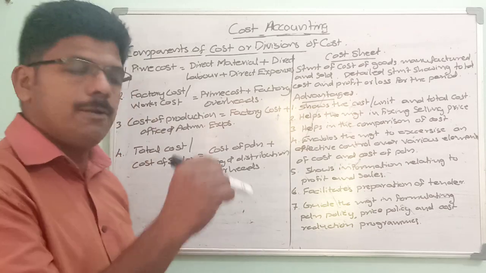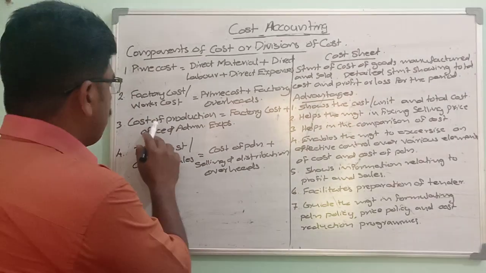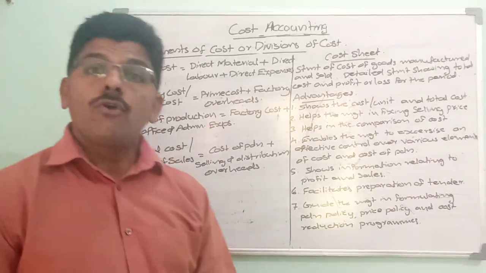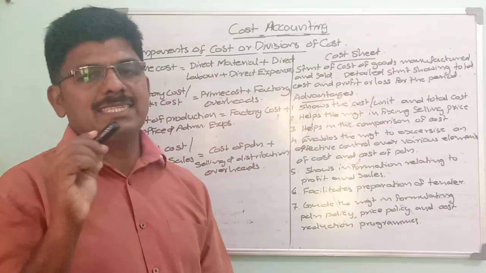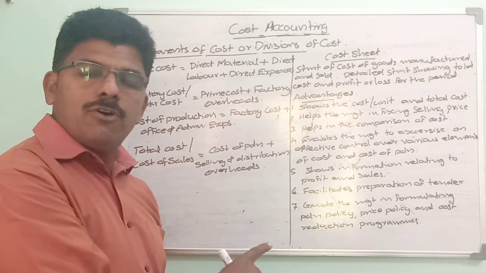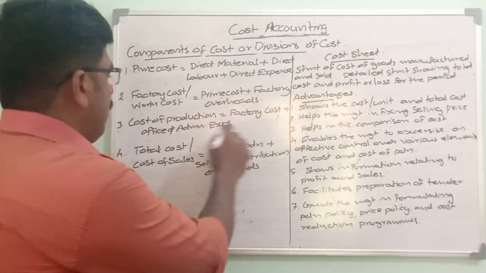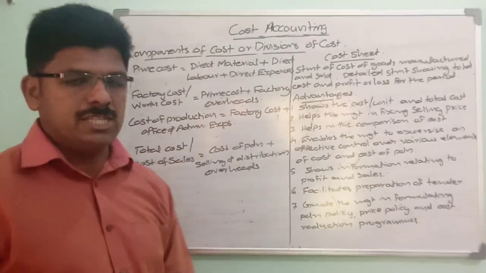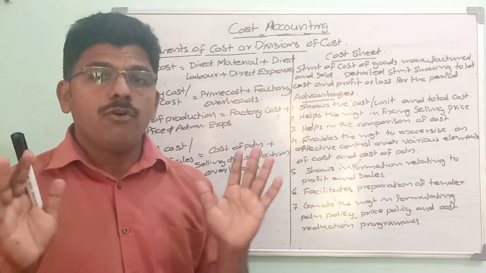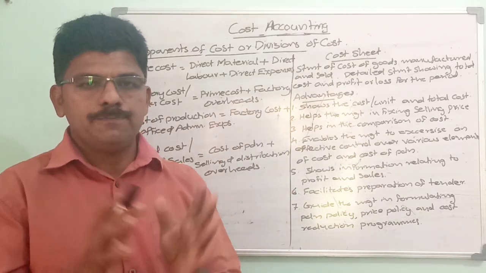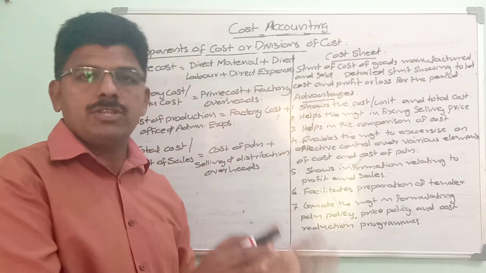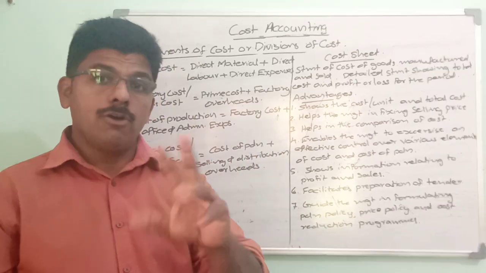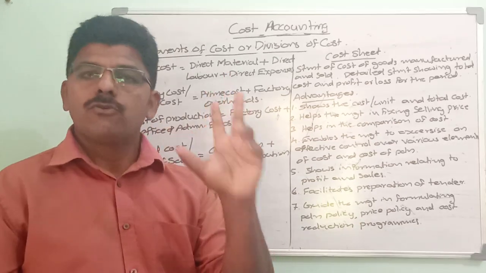Number three, the third component, is cost of production. What is this cost of production? It is the total of factory cost and office and administration expenses. When office and administration expenses are added along with the factory cost, we arrive at cost of production.